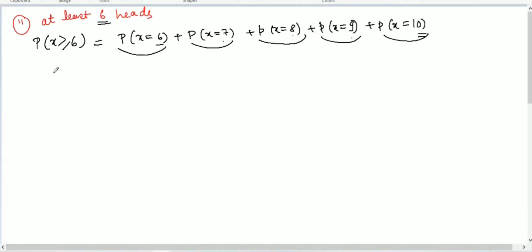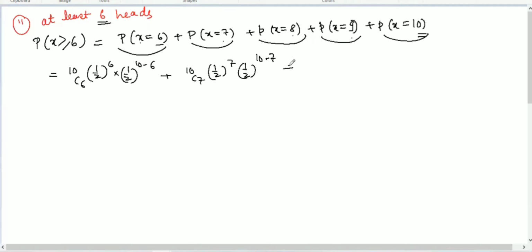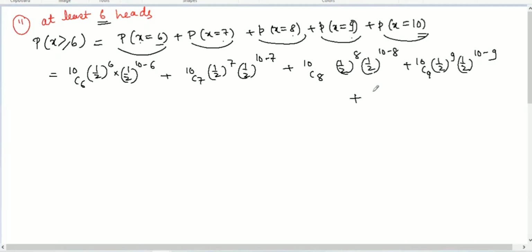Write down the formula for each of these, taking the probability of x equal to 6, which will be 10C6 half to the power 6 multiplied by half to the power 10 minus 6, plus 10C7 half to the power 7 half to the power 10 minus 7, plus 10C8 half to the power 8 and half to the power 10 minus 8, plus 10C9 half to the power 9 and half to the power 10 minus 9, plus the last one, 10C10 half to the power 10 multiplied by half to the power 10 minus 10.